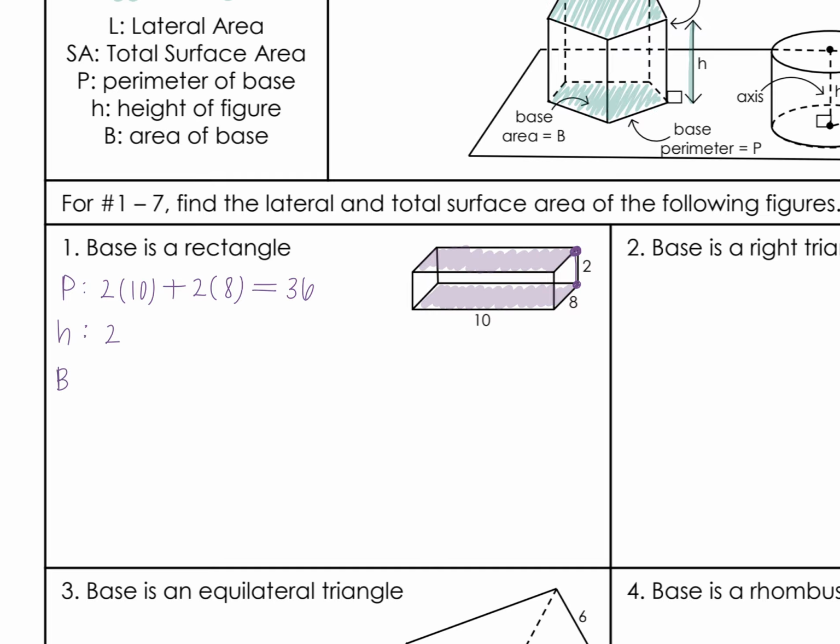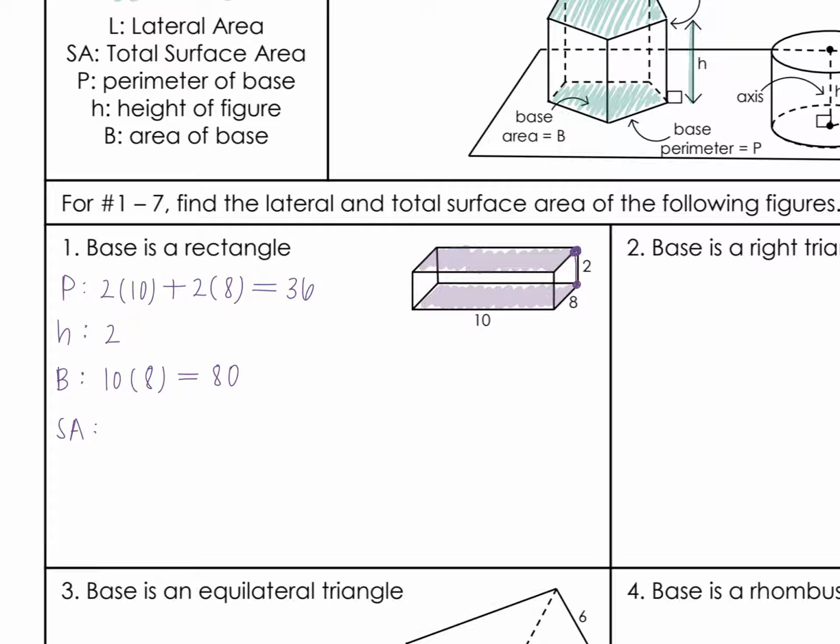Now the last key thing that I'm going to need here is my B, area of the base. Since this is a rectangle, that formula is going to be length times width, or base times height. So 10 times 8 gives me that my area is 80. Once I know all these key things, I can plug into my formula for my surface area.